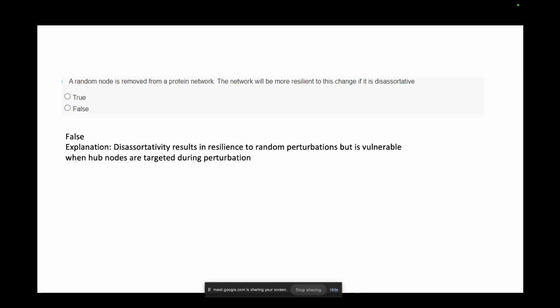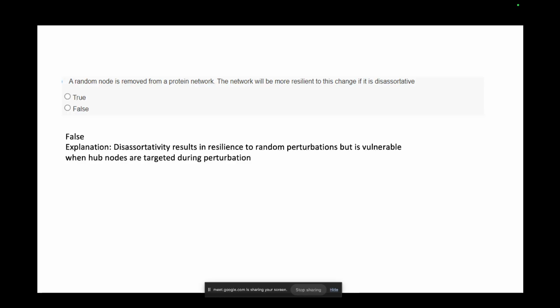If you just forget about the hub explanation for a moment and randomly remove a node from the network, your network is going to fall apart very easily. That is what disassortative means. A higher value of that index will give you a less resilient network.